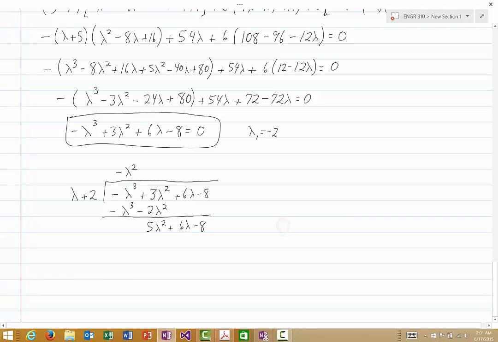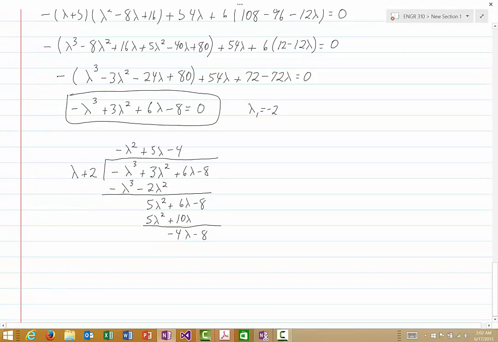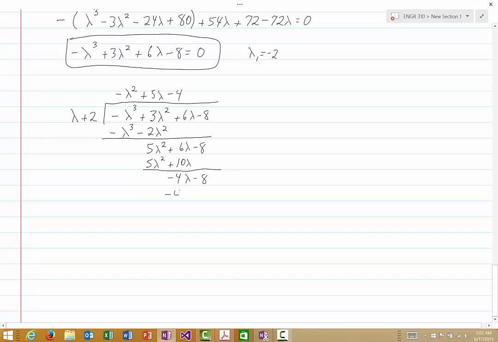So now we'll say plus 5 lambda. That will give us 5 lambda squared plus 10 lambda. Again, change the sign and add. We get minus 4 lambda minus 8. And now we have minus 4, which will give us minus 4 lambda minus 8, and change the sign and add, and sure enough we get 0. That's great.